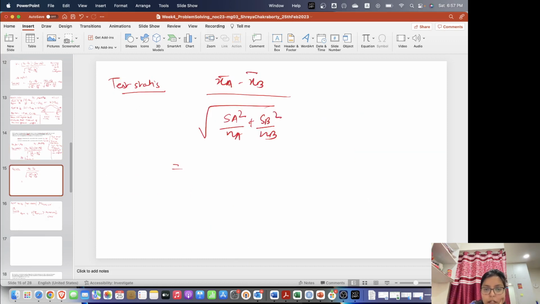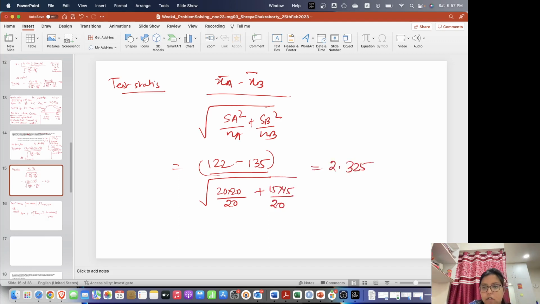XA is 122 minus XB is 135, divided by root over SA square, which is 20 into 20 divided by 20, NA was 20, and this is 15 into 15 by 20. So the value is 2.3256.